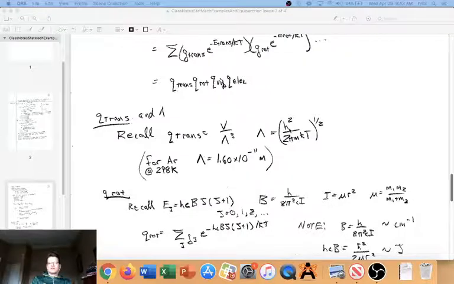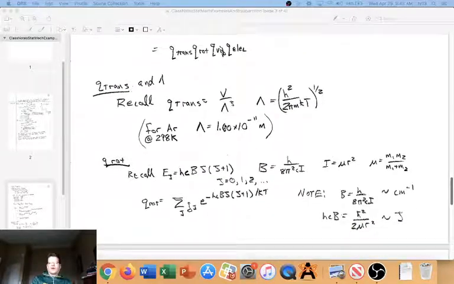The quantum mechanics just keeps coming back. All right, anyway, for argon, for example, at 298 Kelvin, the thermal de Broglie wavelength is 1.60 times 10 to the minus 11 meters. So we're talking about 100ths, 200ths of a nanometer. So smaller than an atom of argon.